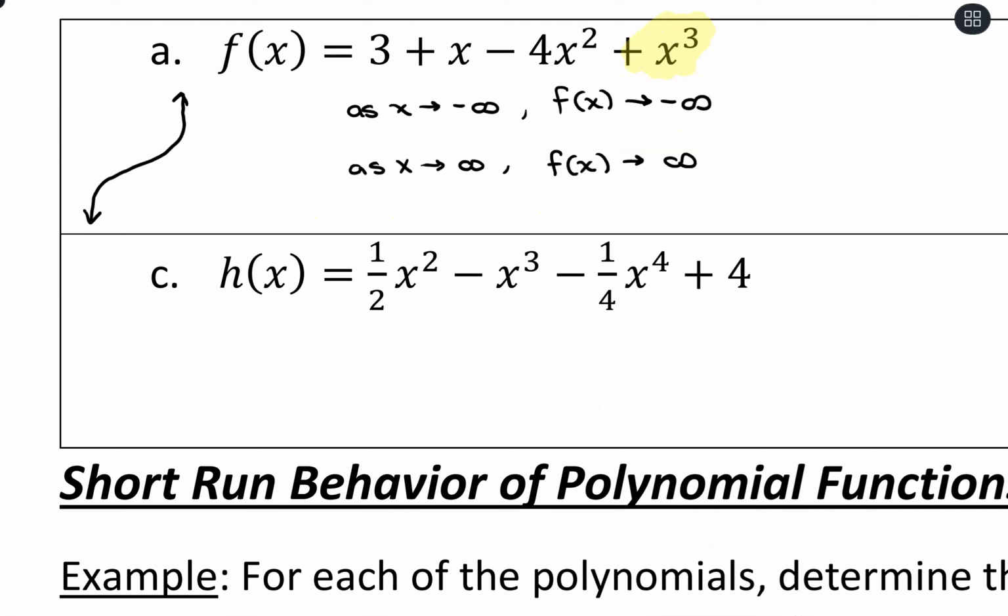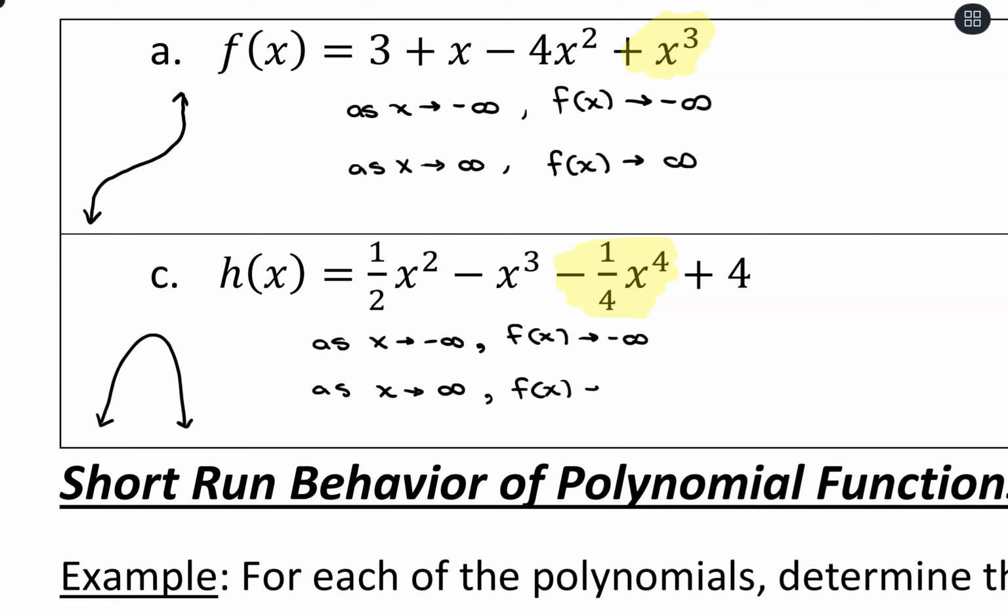All right, looking for our largest exponent, it is going to come from that exponent of 4. So we have an even power, an even degree, and a negative out front. That's going to be shaped like our downward opening parabola. So as x goes to negative infinity, our function's going down to negative infinity. As x gets larger, as we go to the right, our function also goes down over there towards negative infinity as well.